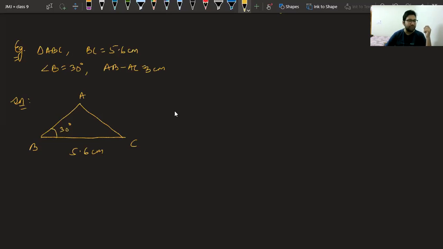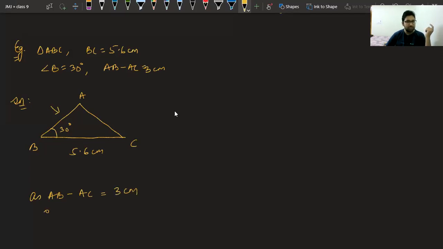First, Yuvika, tell me which side is containing the angle amongst AB and AC? Yes, Yuvika, you are correct. It is AB. AB is containing the angle. Now tell me, amongst AB and AC, which side is larger?